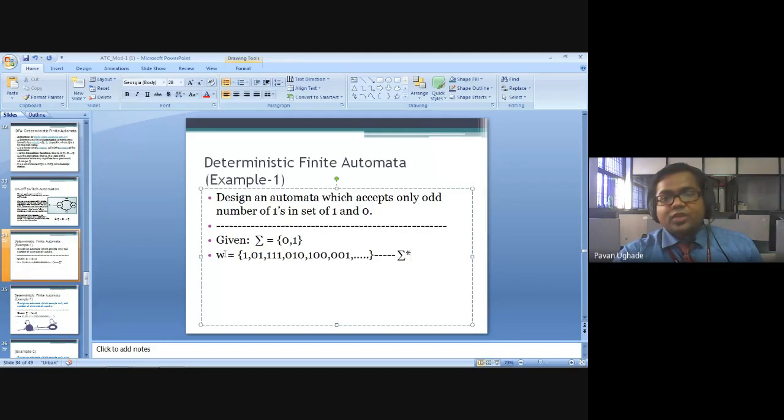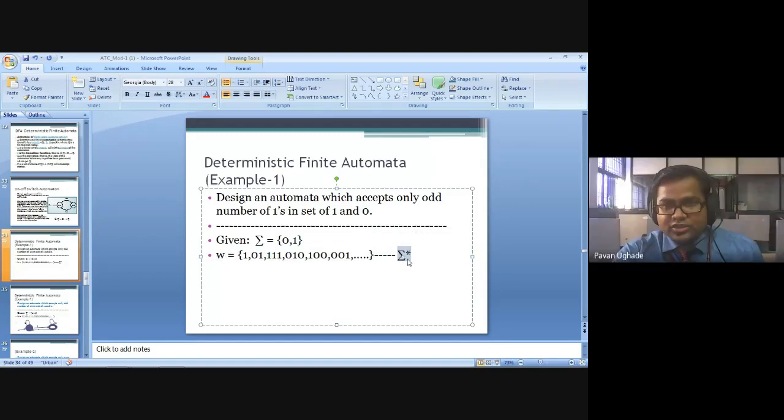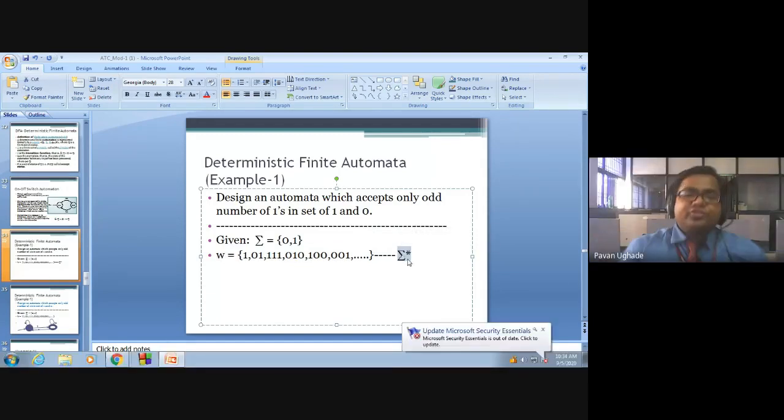So these are the strings or substrings from this. What are these? This is nothing but all possible strings, including epsilon, the star closure including epsilon. So out of all the possible strings, which strings follow the problem statement? What is said? An odd number of ones in the set of 1 and 0.